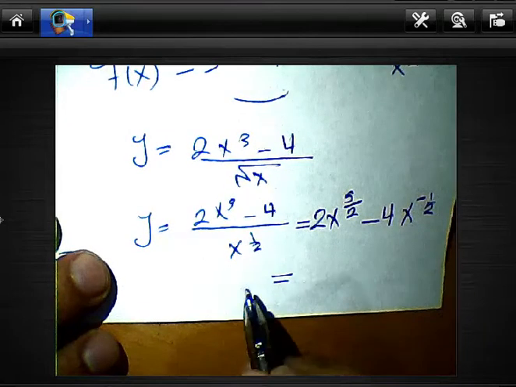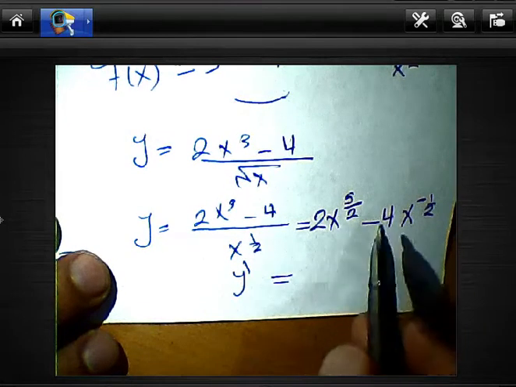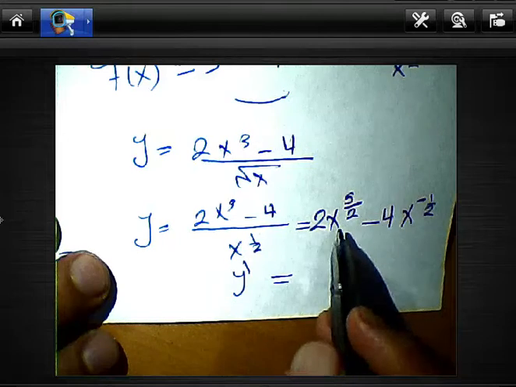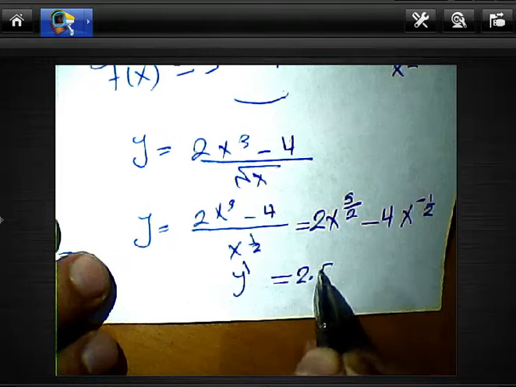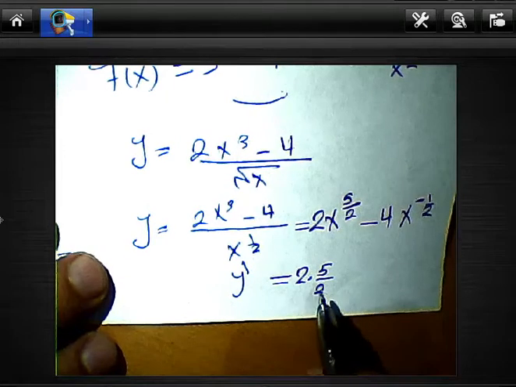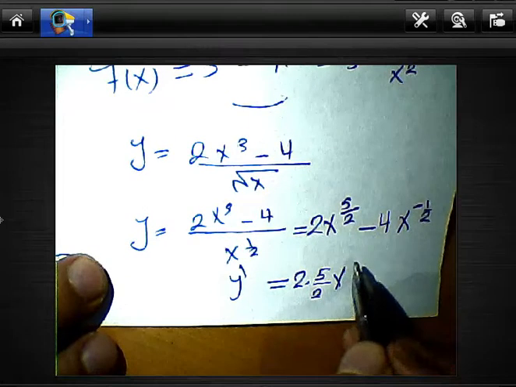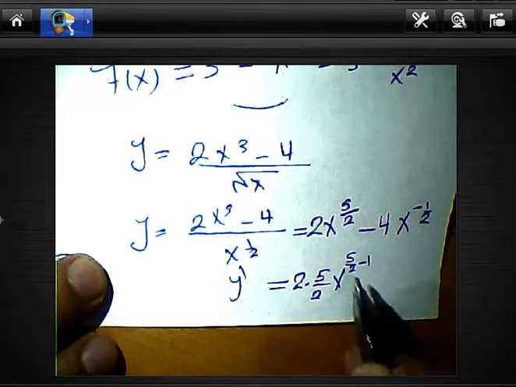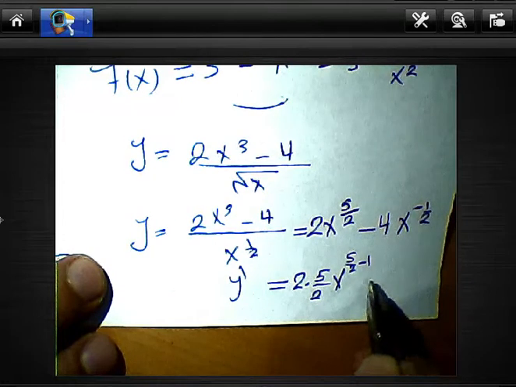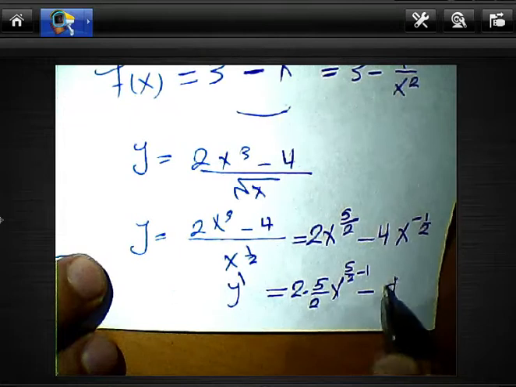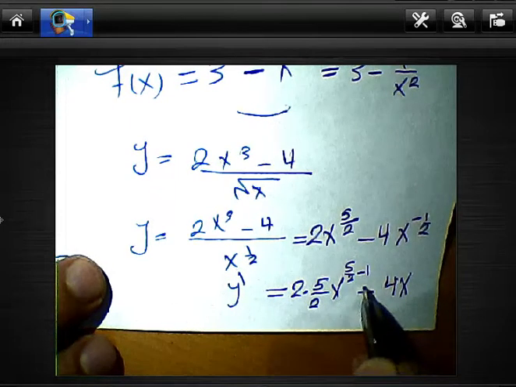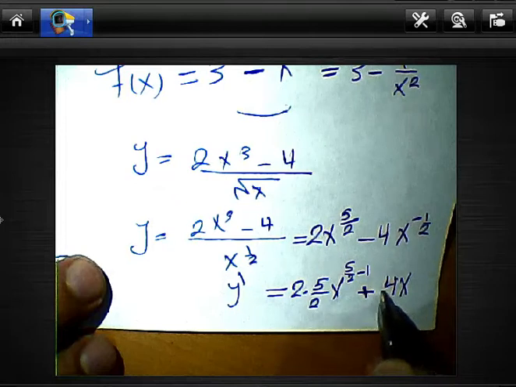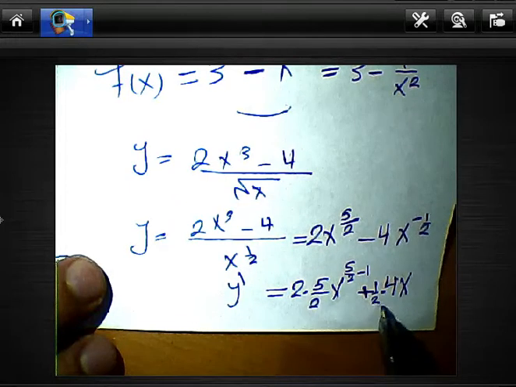Okay, we can find the derivative of the function. We must drop this power, 2 multiplied by 5 over 2, x power 5 over 2 subtract 1, subtract 4x. We can drop this power here, negative multiplied by negative equals positive, and write half behind the 4.